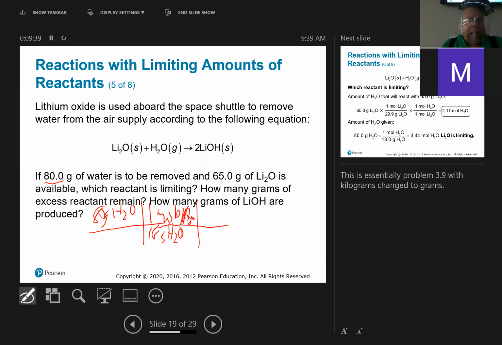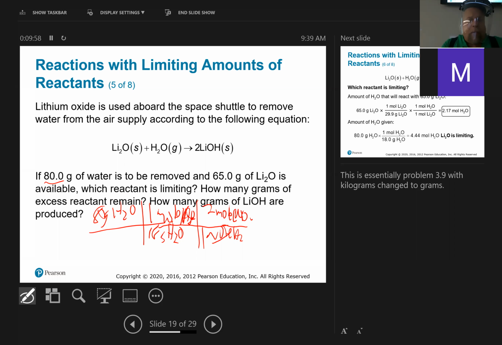And then essentially the next part is you go to the amount of lithium hydroxide. Sorry, this is water again. 1 mole of water gives 2 moles of lithium hydroxide. Pardon my handwriting again.